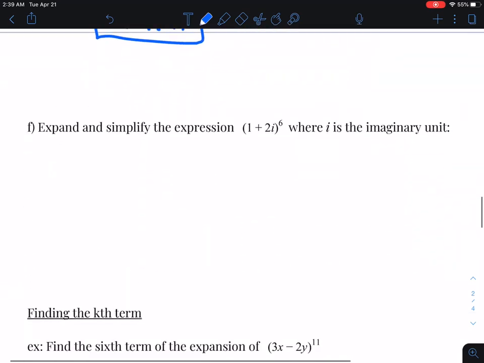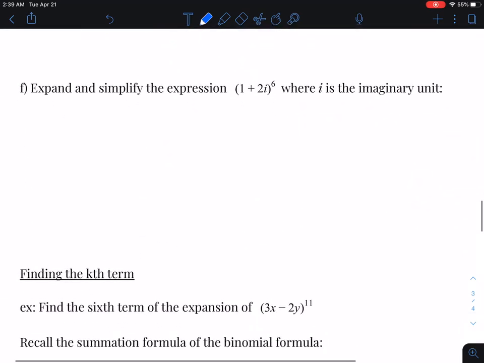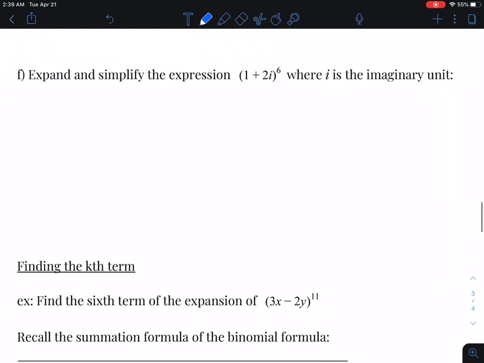Okay, let's go to F, and we're going to use the 6th row in there.